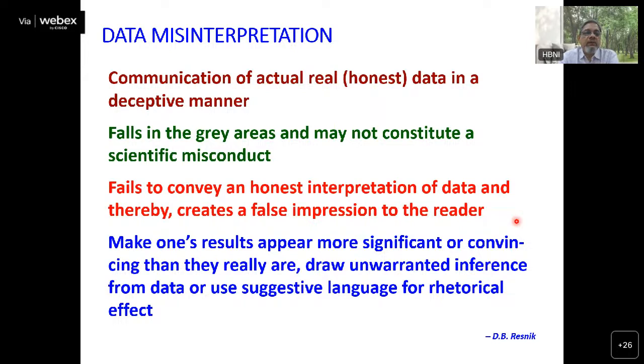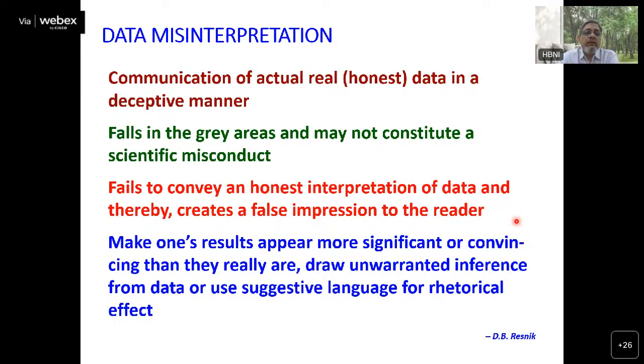See, this is not hardcore scientific misconduct. In the very beginning of my lecture series, I showed you one figure where you had perfectly ethical conduct in research on one side, and on the other side the black area, which I considered very bad misconduct, bad research.